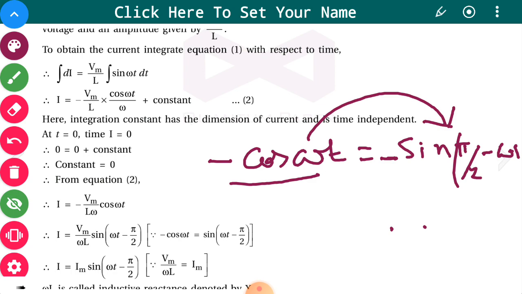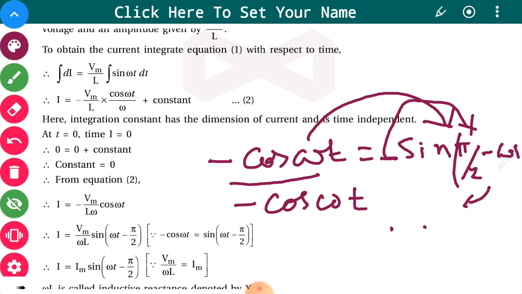If you take this minus sign common, sine of minus theta is minus sine theta, or you can take this minus sign inside, whichever you want. So minus cos omega t is equal to sine of omega t minus pi by 2.